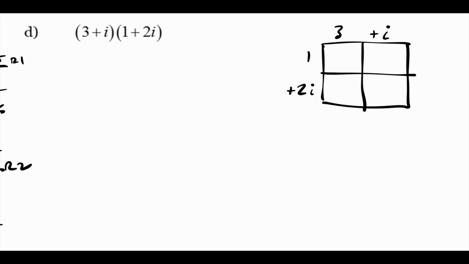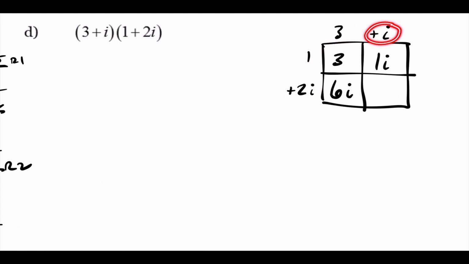How do we figure out the stuff? We use multiplication. 3 times 1 makes 3. I times 1 makes 1i. Three times 2i makes 6i.